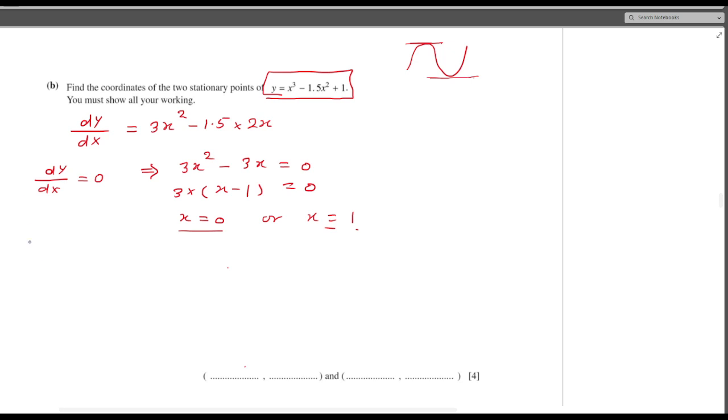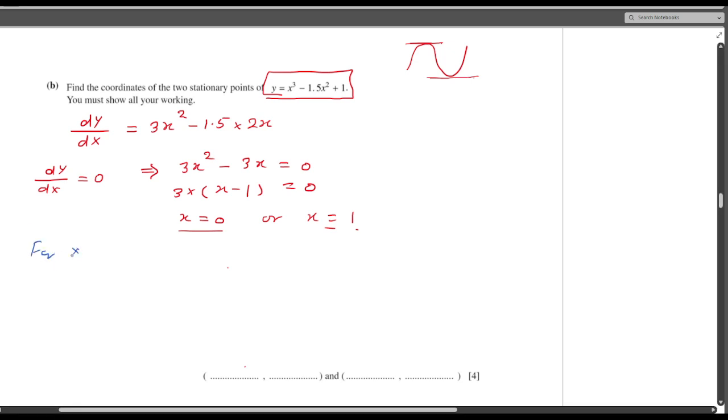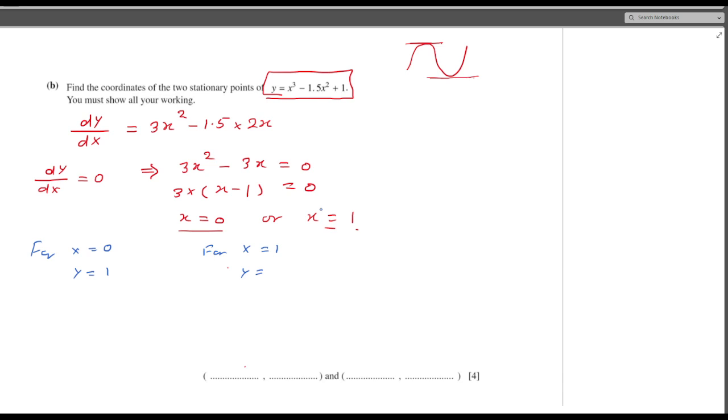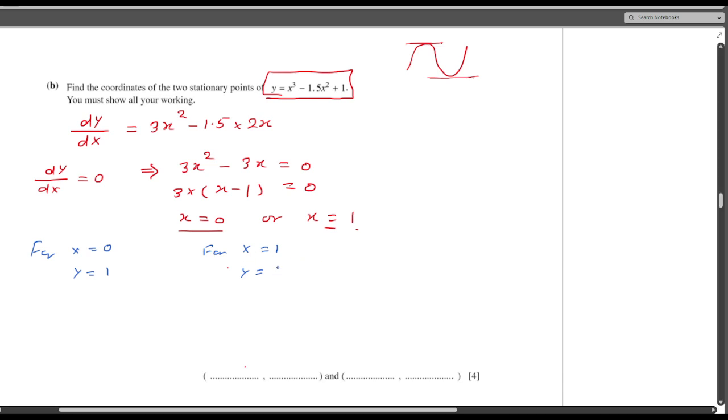So for x equal to 0, your y value is 1, and for x equal to 1, your y value is going to be 1 cubed minus 1.5 plus 1, so it's 0.5. Okay, so y value is 0.5.